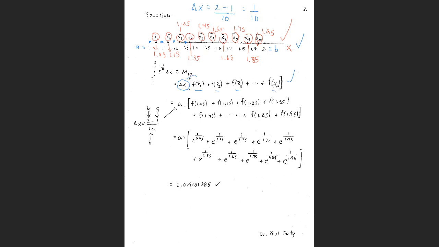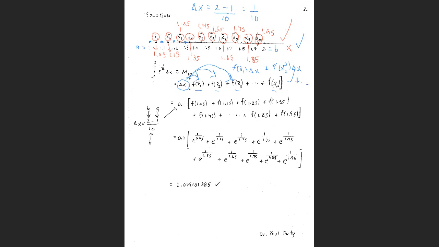If you were to distribute the delta x through on all those terms, you would end up getting f of x1 bar times delta x plus f of x2 bar times delta x, and so forth.